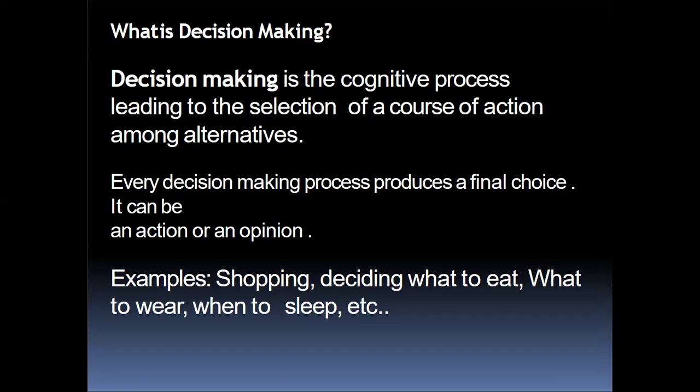For example, going for shopping, deciding what to eat. Likewise there are n number of examples. Decision making is considered one of the most important key processes in the management system. It is a subset of planning.